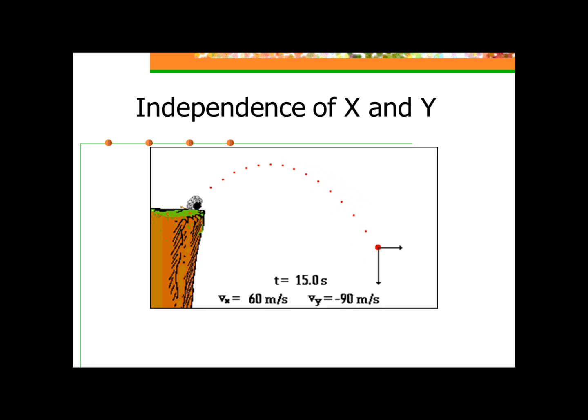So even at the very top, it's 60. Now let's look at the Vy. The Vy starts at 60, decreases on the way up, and hits 0 at the top. So we'll watch it again: 60, 50, 40, 30, 20, 10, 0. And then it increases on the way back down again, in the negative direction.